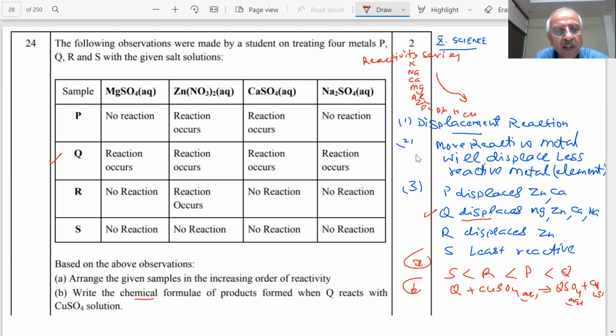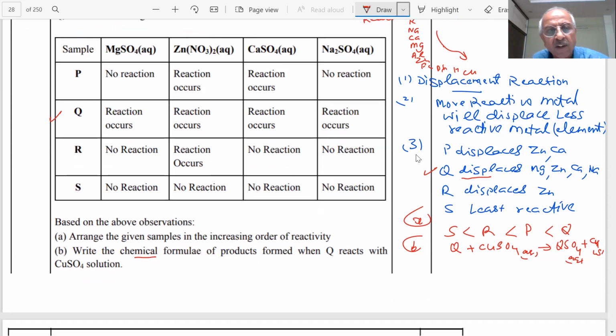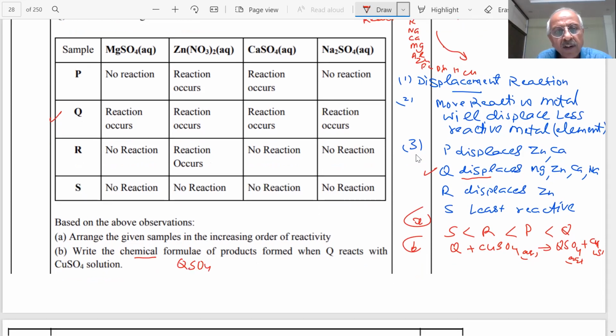He is asking for the chemical formula, and one chemical formula I am giving is QSO4 if the valency of Q is plus 2. If the valency of Q is plus 1, then it will become Q2SO4.